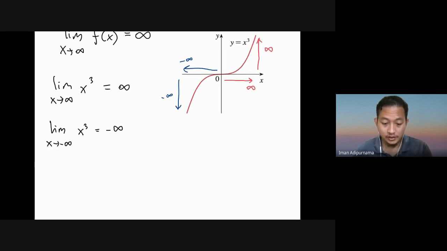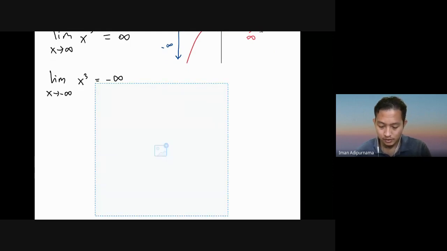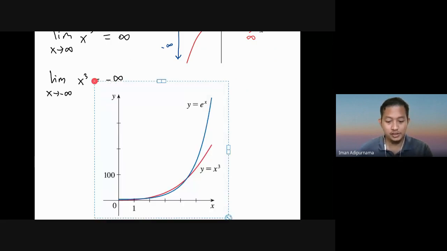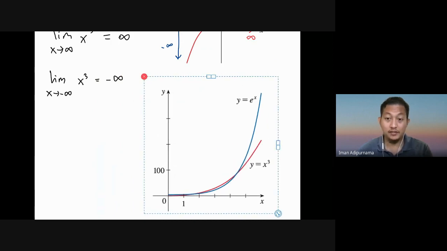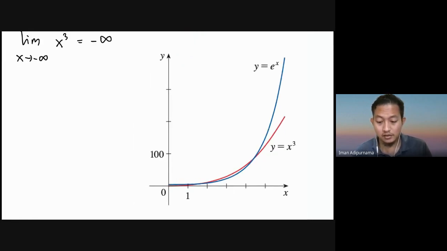We also can argue and compare the x cubed with the exponential, the e. Remember, e to the x and also ln x, the log part, are among the functions that appear in calculus.